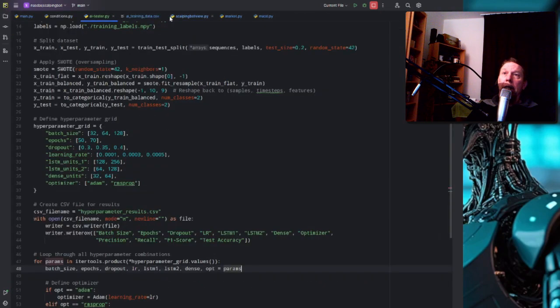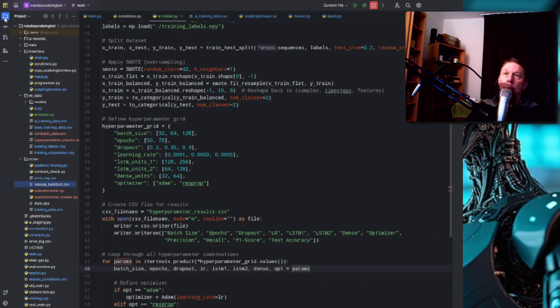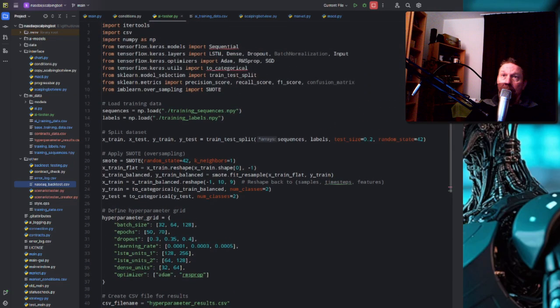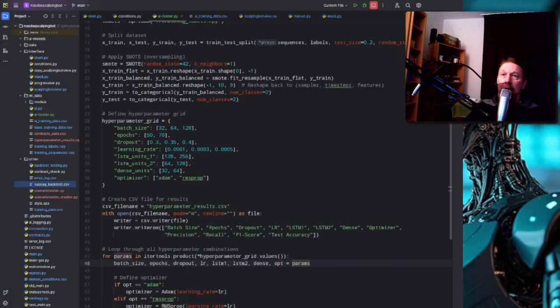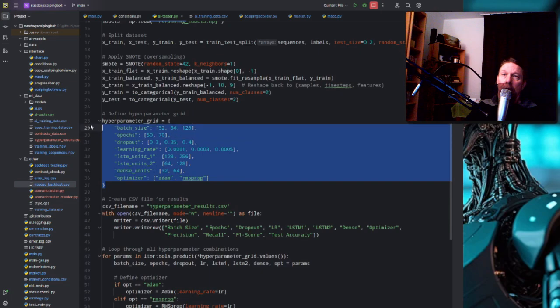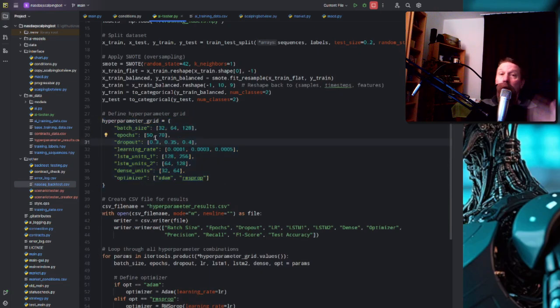I created, where's the AI tester? Stay with me. In the AI tester, there is a program that's following certain parameters: batch size, 3 different kinds, epochs, the times that the bot is trained, 50 and 70, the dropout you just saw, 0.3 and 0.4, etc., learning rate differences, different LSTM units, and different optimizers.